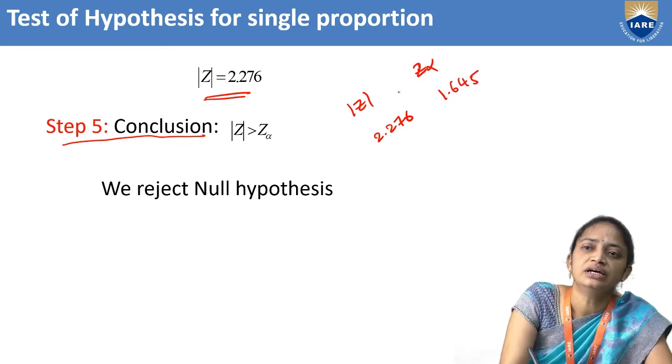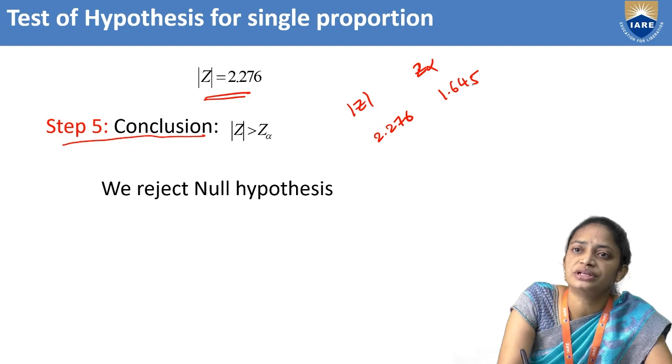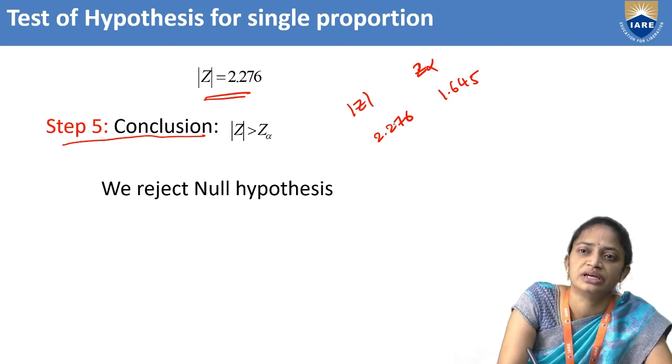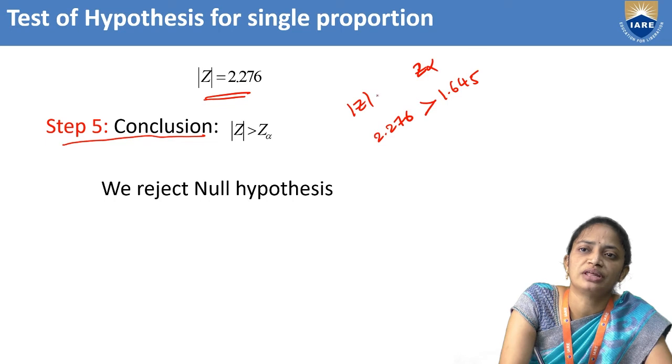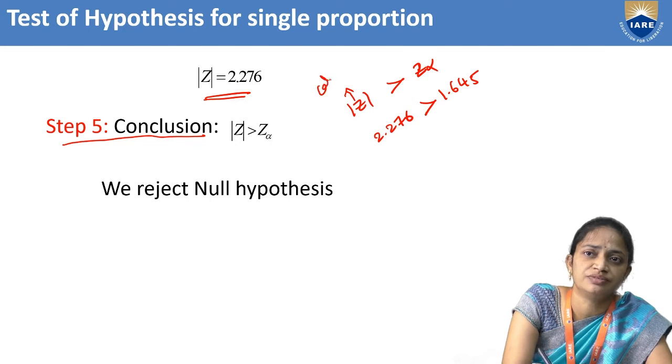So is 2.276 less than 1.645 or greater than 1.645? Yes, 2.276 is greater than 1.645. So modulus of Z is greater than Z alpha. This one we have calculated, so this is the calculated value, and Z alpha we have taken from the table.